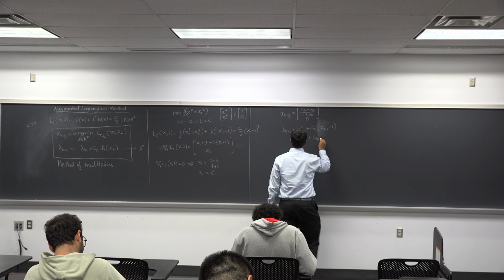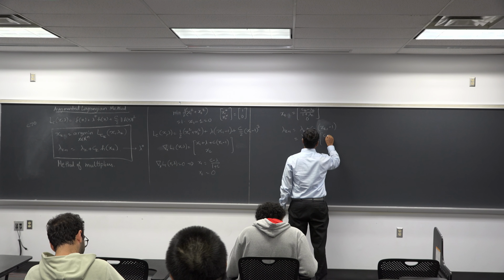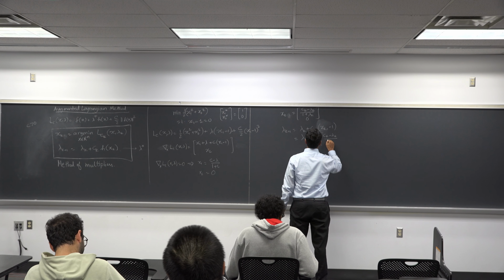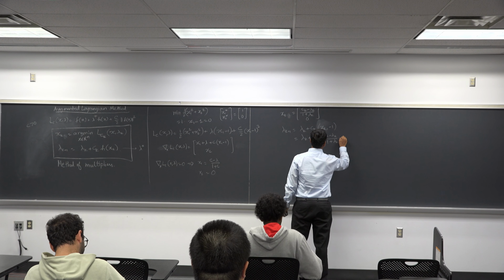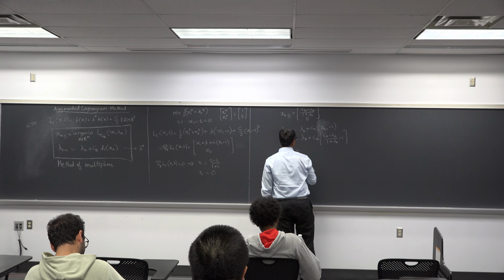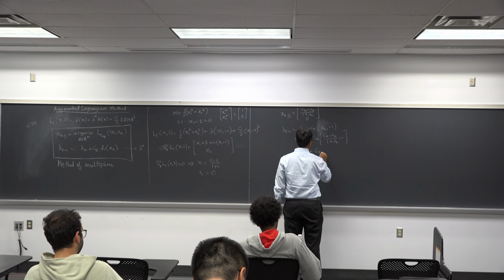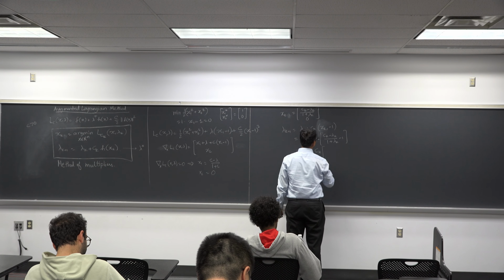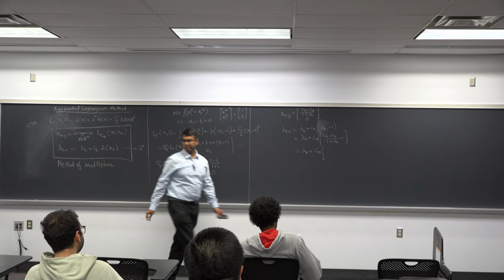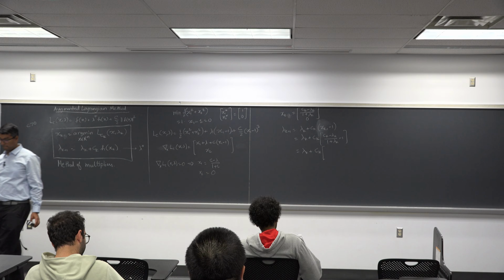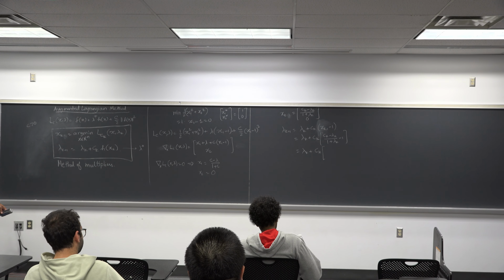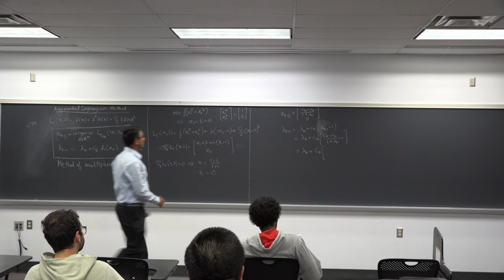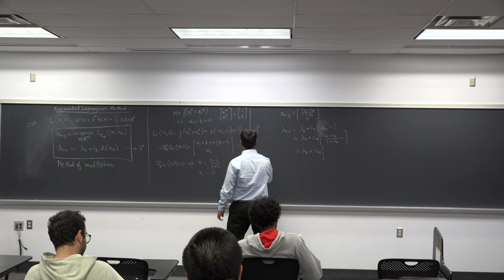Lambda_{k+1} equals lambda_k plus c_k times (c_k minus lambda_k) over (1 plus c_k) minus 1... 1 plus c_k.